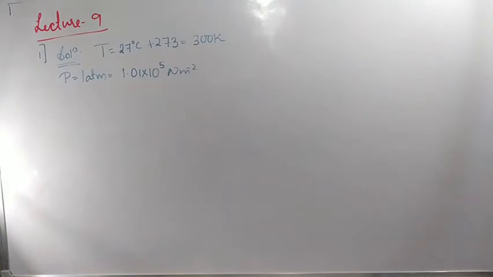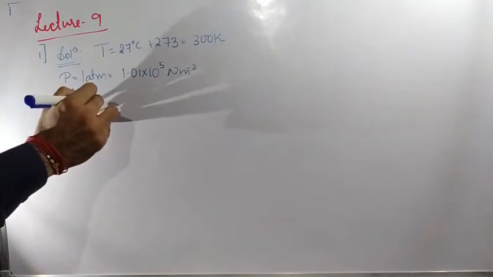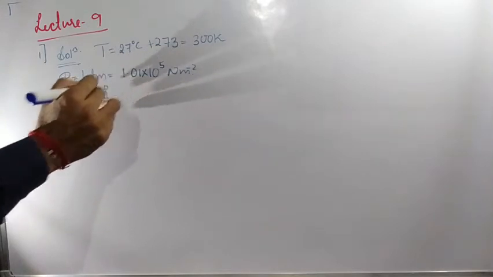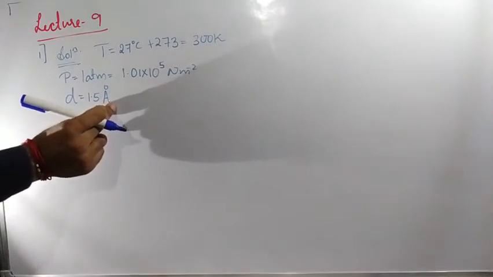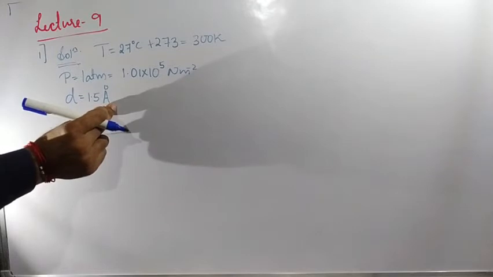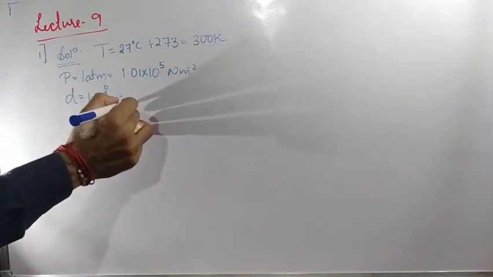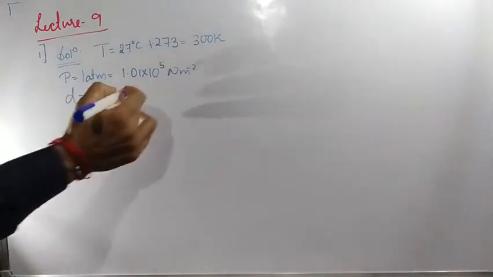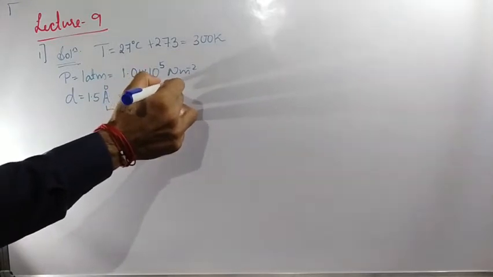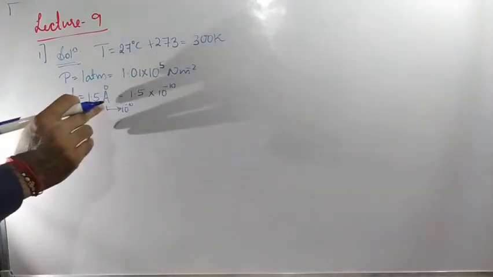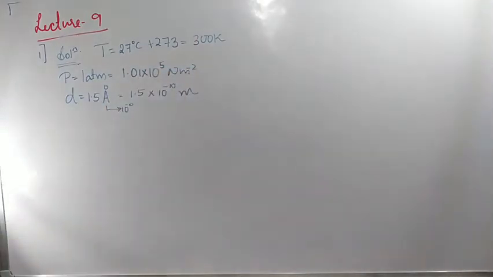Now the next value is the diameter, given to you as 1.5 angstrom. What is the meaning of angstrom? What I had told you earlier: angstrom stands for 10 to the power of minus 10. So this value I can write as 1.5 into 10 to the power of minus 10 meter.